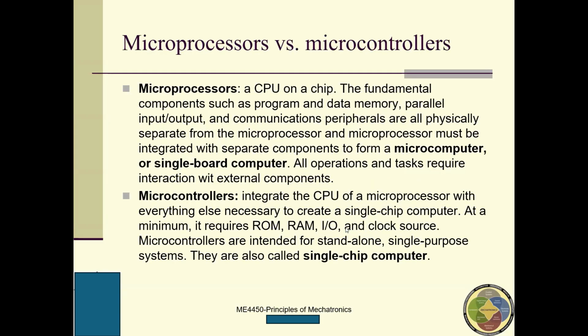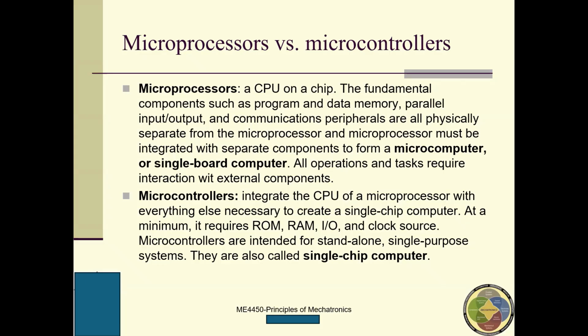So here are the microprocessors versus the microcontrollers. Microprocessors are from the 1960s or 1970s, many, many years ago. They are a CPU on a chip at the very beginning.